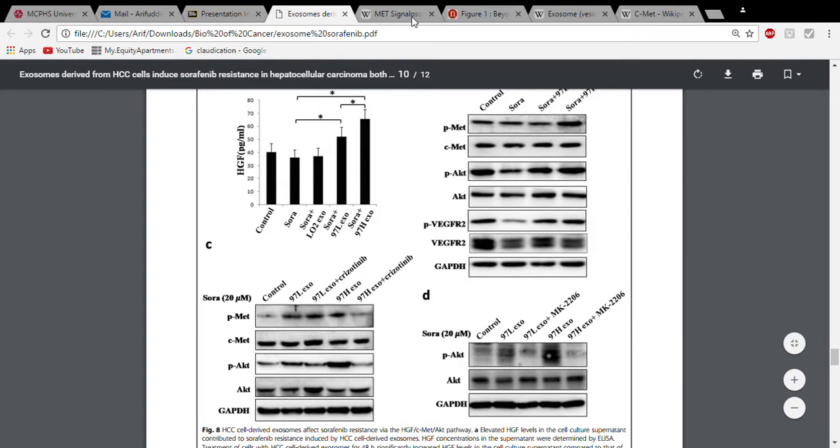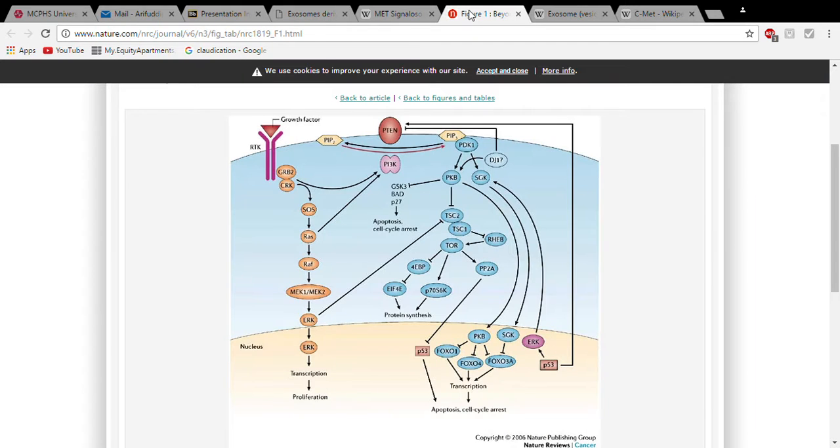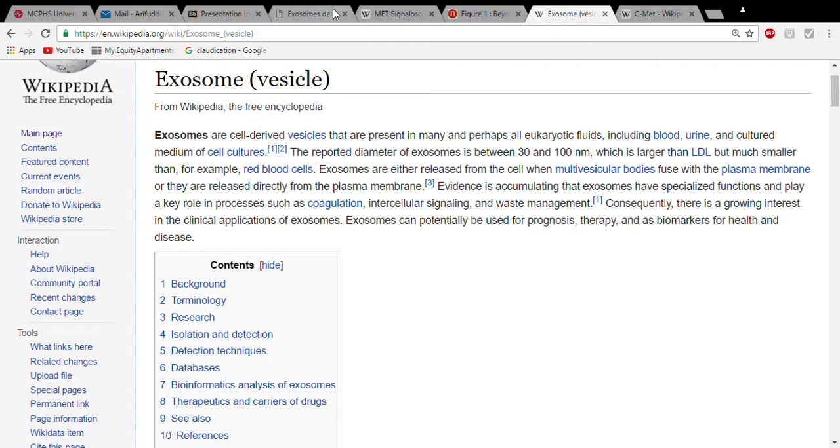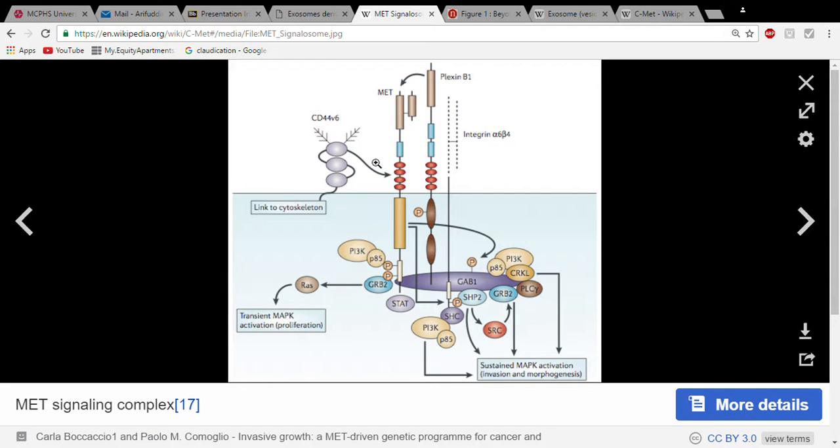So when you compare it back to figure 1 right here, basically the HGF goes to the MET and activates MET, and what MET does after phosphorylating, because it's a growth factor receptor and also a tyrosine kinase, is activate the PI3 kinase through binding through the SH2 region of the P85.